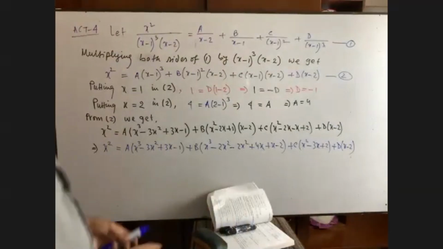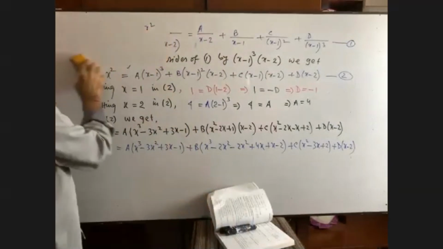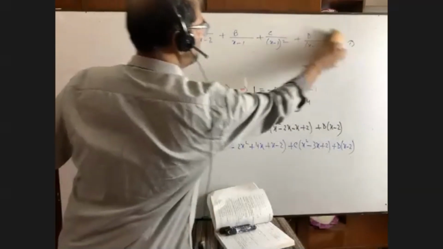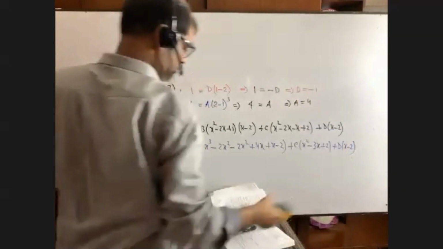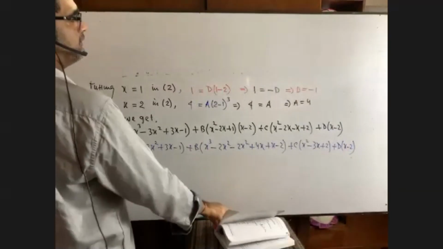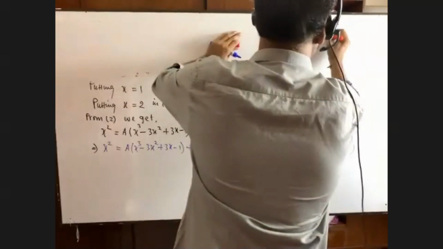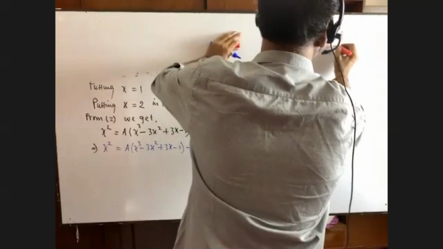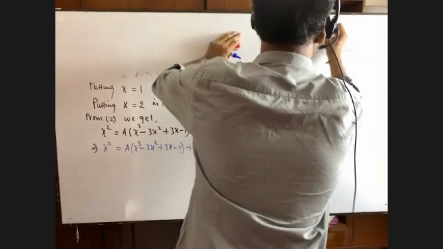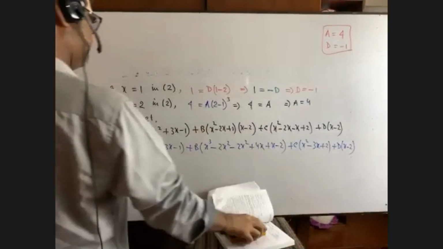Okay. I am going to write down here what values we have got: A equals 4 and D equals minus 1. We have got these two values, right? I have written there.